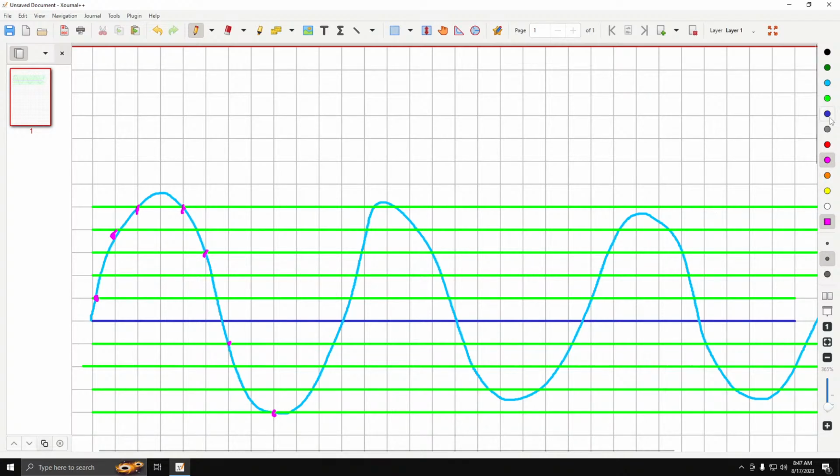Then the quantization is like just moving the gap between them a little further.